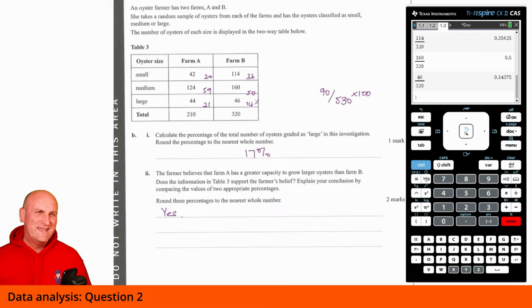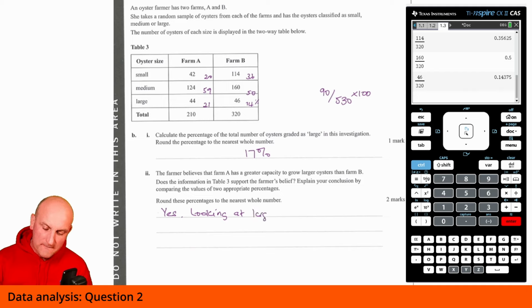So again, looking at large oysters, Farm A has 21%, which is greater than Farm B at 14%.